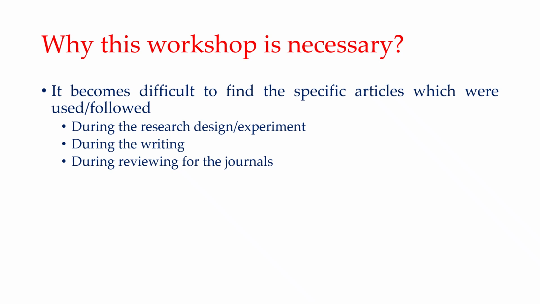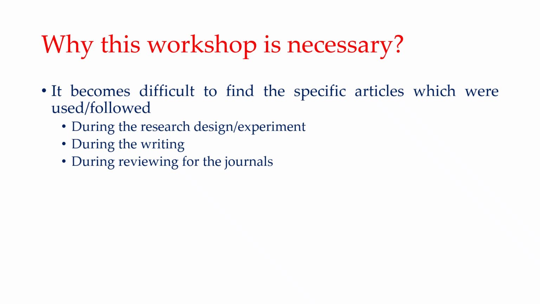During the research and design of the experiments, and then during the writing, sometimes everyone can forget the technique, research, previous literature, and the journals that were followed during the selection of the topics. For example, in case of PhD, you have to decide the topic, then you may have to do research for 2 years, 3 years.